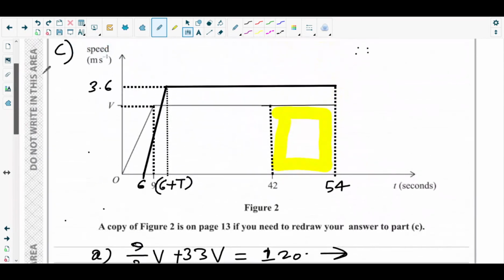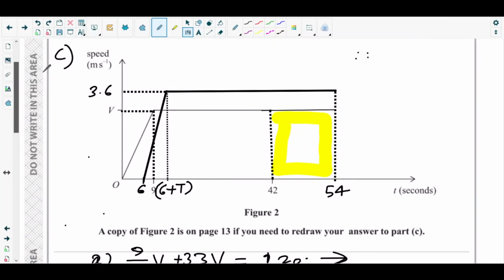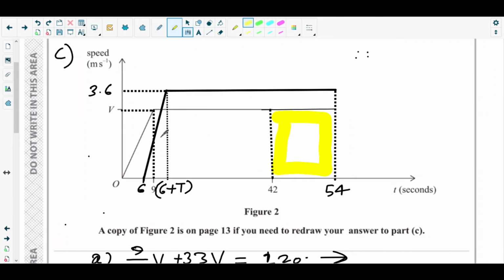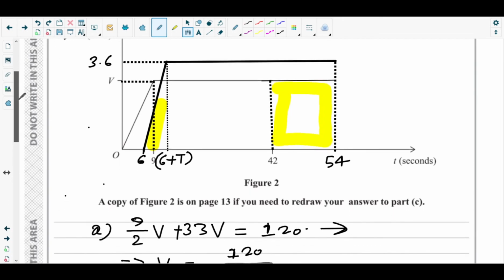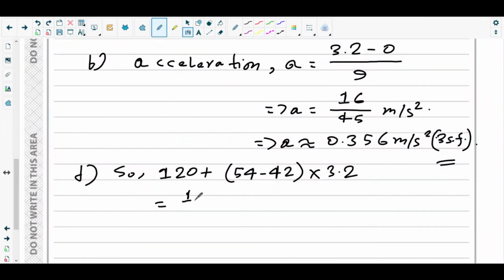So the total distance traveled by cyclist Q is the area under the speed-time graph. The first area is a triangle, so half times base times height. The base is t. So half times t times height, where the height is the speed reached, which is 3.6.